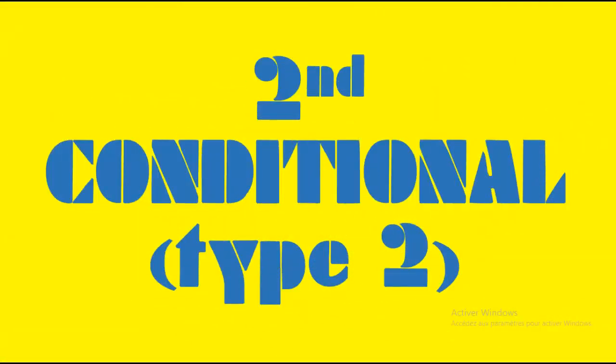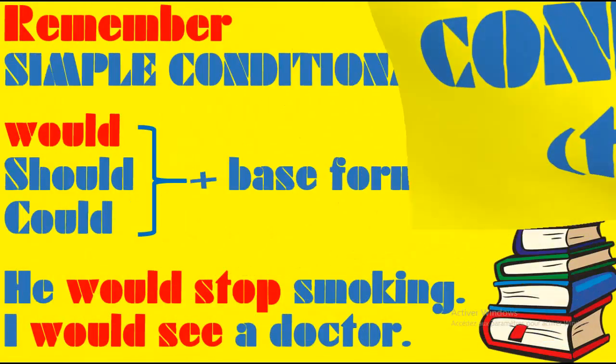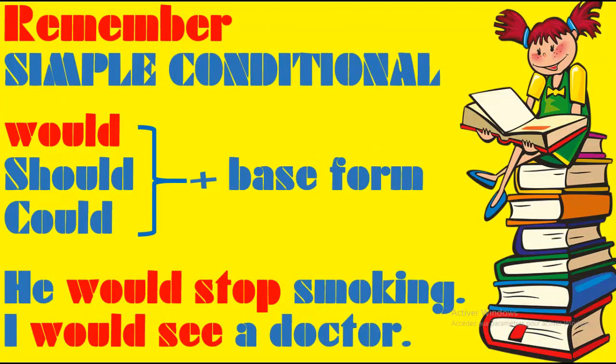Second conditional, also called type 2 conditional. In this conditional, remember before we start, how do you form the simple conditional? The simple conditional is formed by using auxiliary would, should, or could plus base form. What is base form?